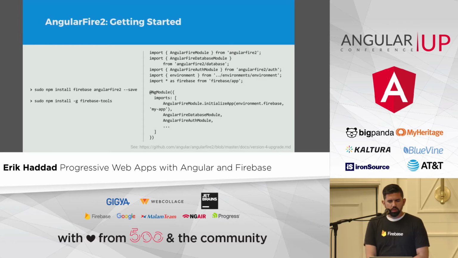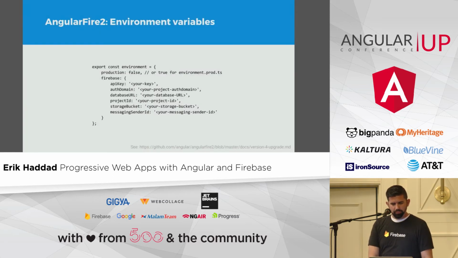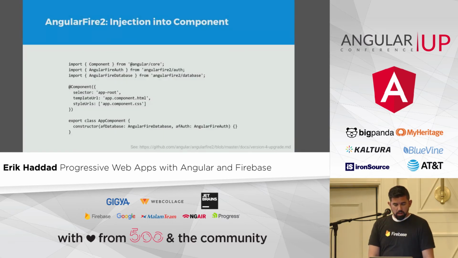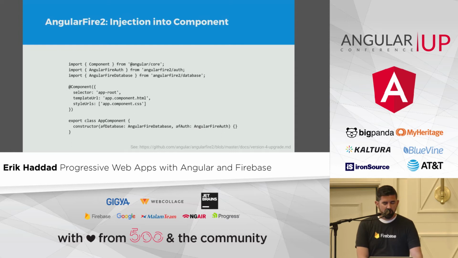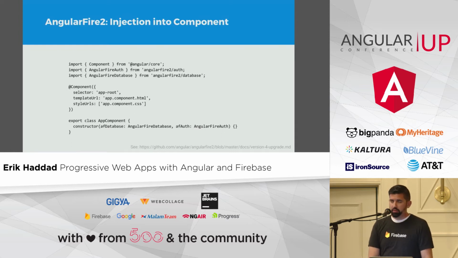Super quick here. This is all that's required to get started. Some NPM installs and bootstrapping your app. Some environment variables that come from the Firebase console, just 6 keys or URLs, and that's all it takes to get started. And pretty straightforward injections into your constructor for access to the AngularFire database and AngularFire auth.